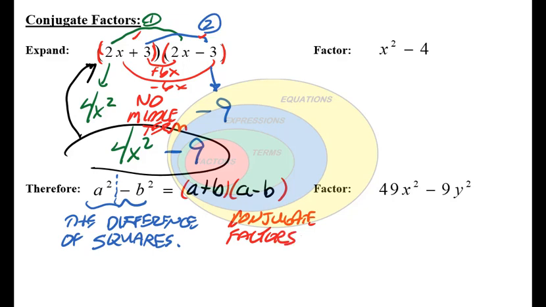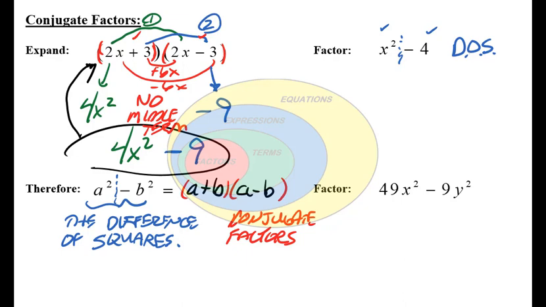And again, what I need to do is recognize the expression. So if I wanted to factor x squared minus 4, there's no common factor, but I notice it's two terms. It's a subtraction between two terms. The first term is a perfect square, and the last term is a perfect square. So this is a difference of squares.